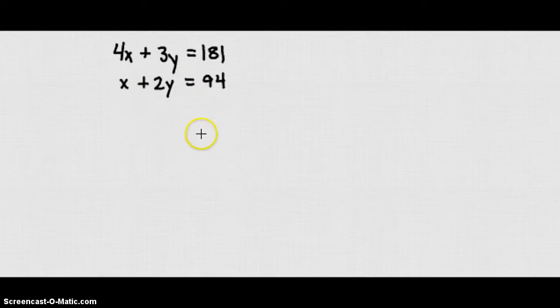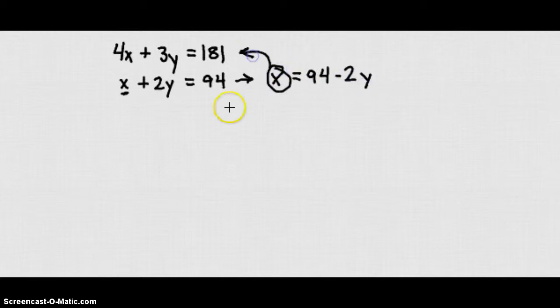If we wanted to multiply that bottom one by 4, we could simply then subtract the two equations to cancel the x variable out. But I'm just going to suggest, since this is already really easy to solve for x, let's just use substitution, because we can then make this x equals 94 minus 2y, and then we can take this x and put it into this equation.